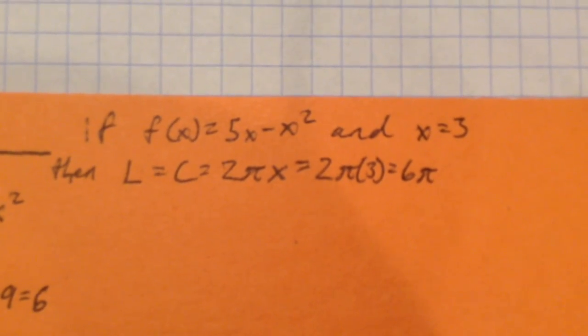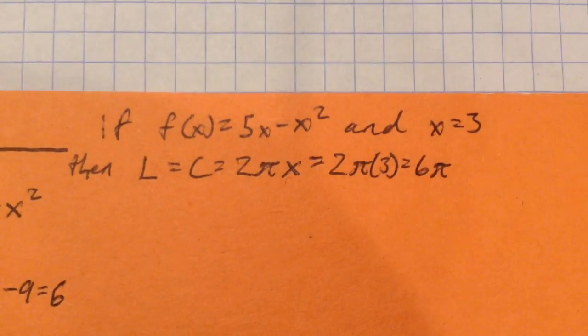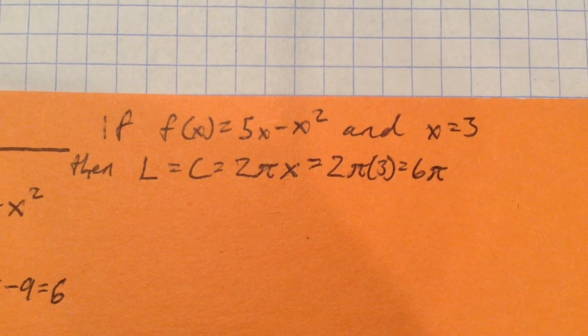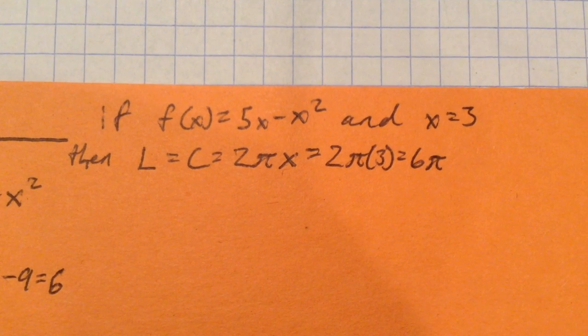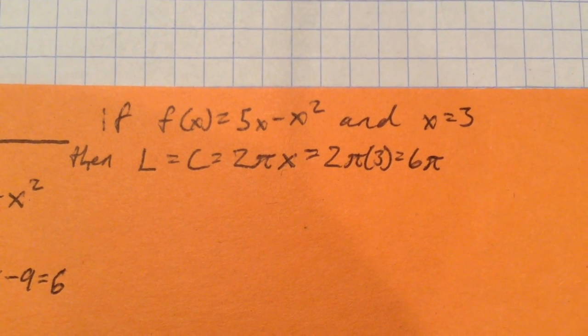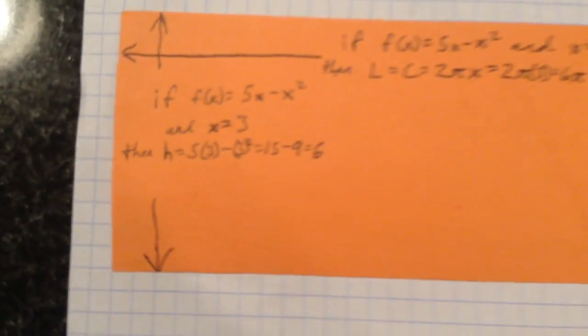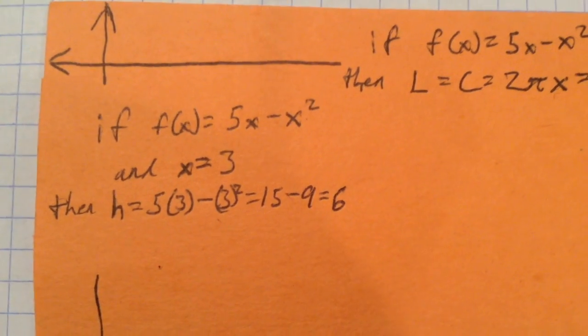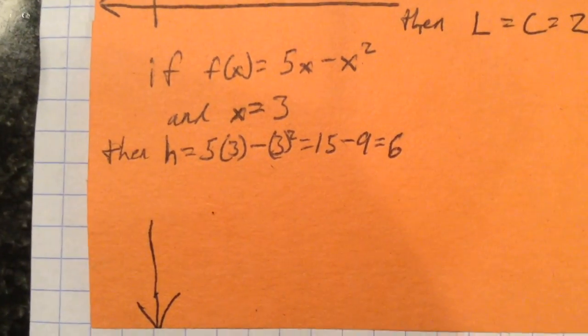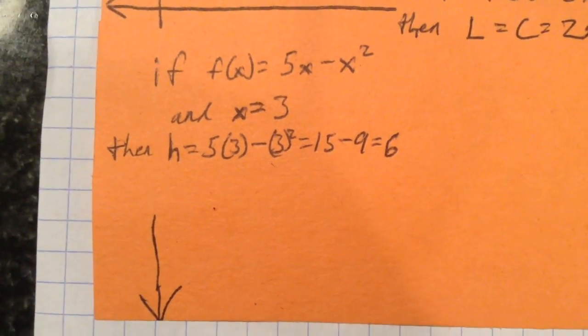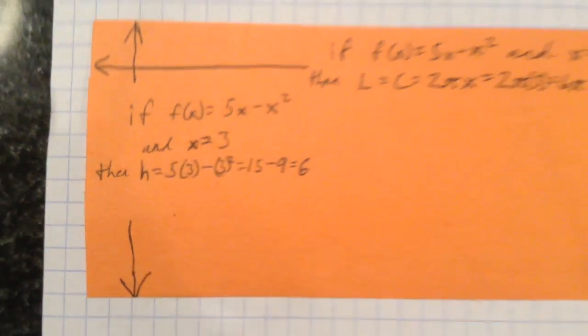We're going to find the length of the long side first using the point x equals 3, and we plug that into the circumference equation, 2 pi x, 2 pi r, and we end up with 2 pi times 3, which is 6 pi. Now taking a look at the height with still the value of x equals 3, we plug it in, we get 15 minus 9 equals 6 for our height at that point.